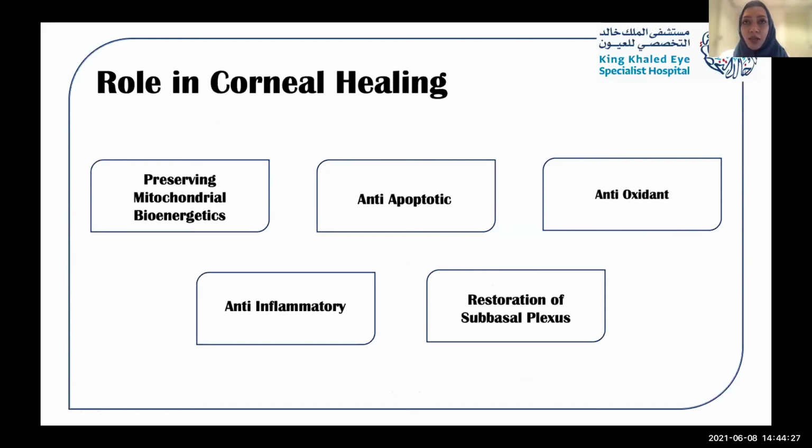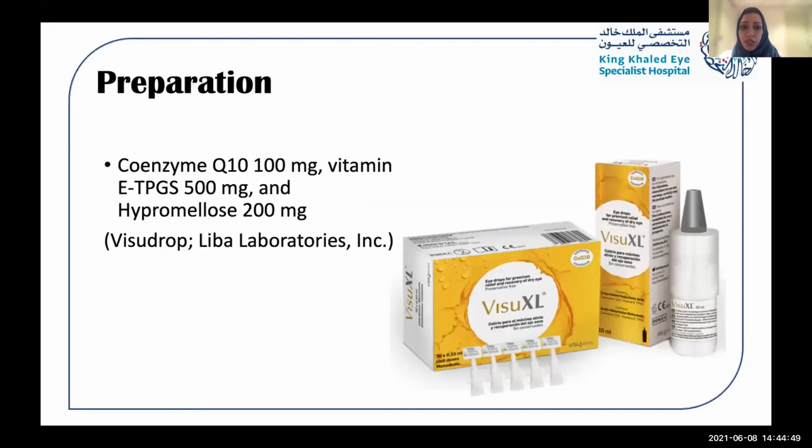So it preserves and enhances the mitochondrial energy. It's anti-apoptotic because it modulates the permeability for molecules. It's antioxidant. It's a scavenger for all those free radicals. It's anti-inflammatory, and as well, it helps in restoration of the subbasal nerve plexus.